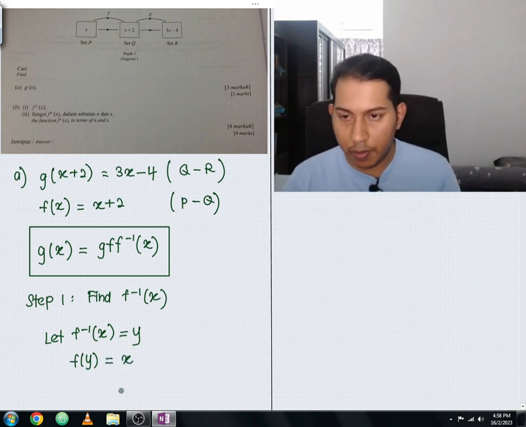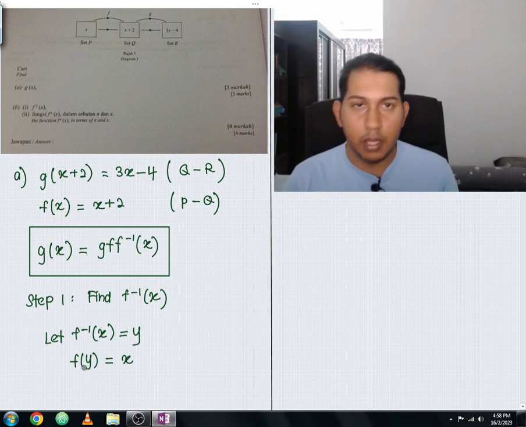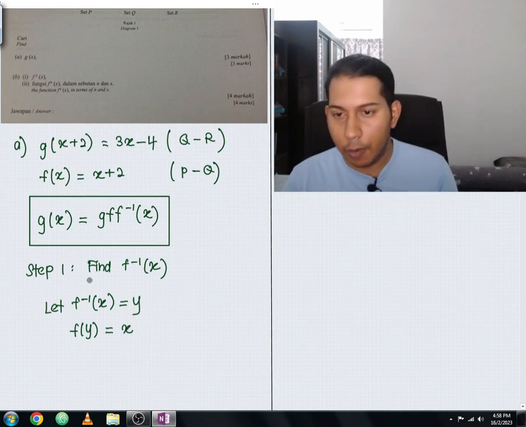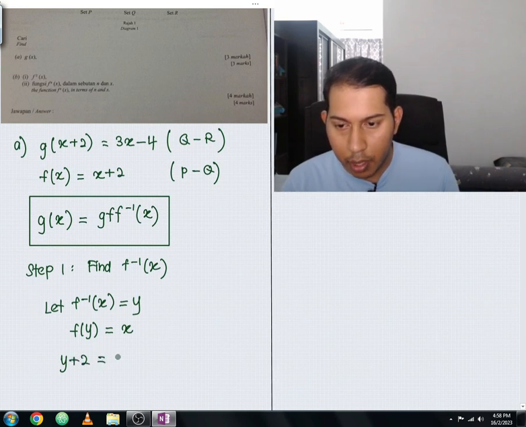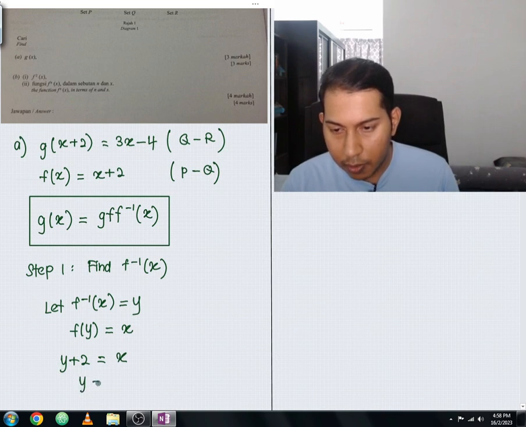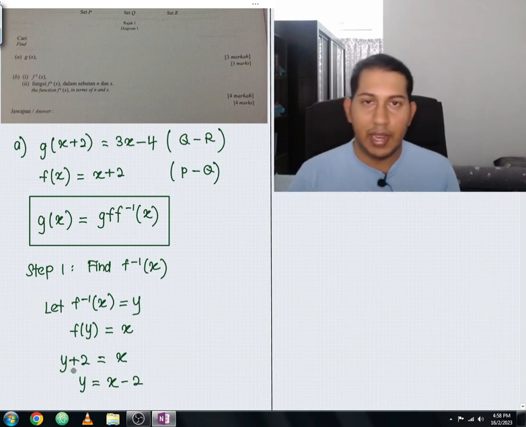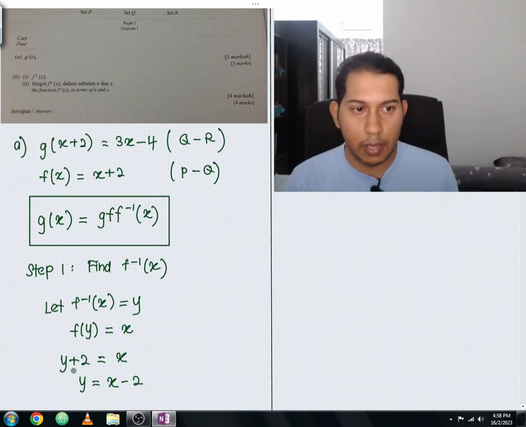In this case, in function f we substitute the object y. Instead of x we write y. So y + 2 equals x. From here y equals x - 2; the 2 from the left hand side you move over to the right hand side.